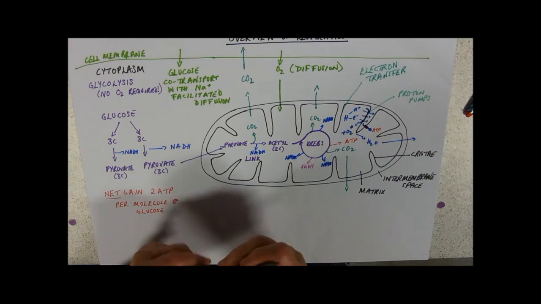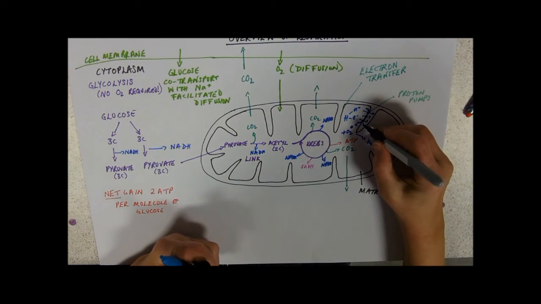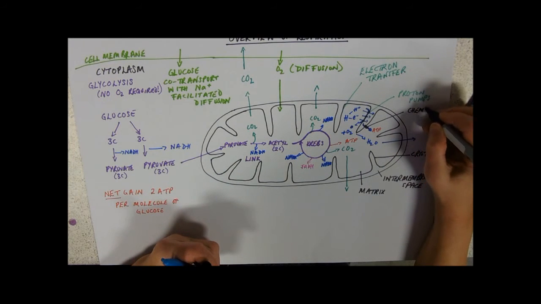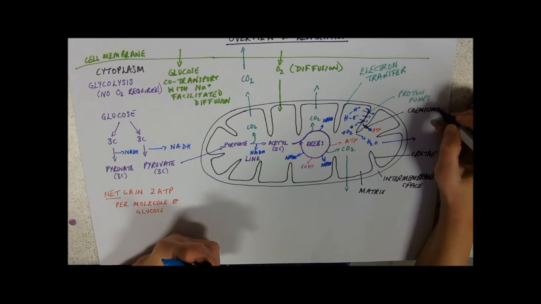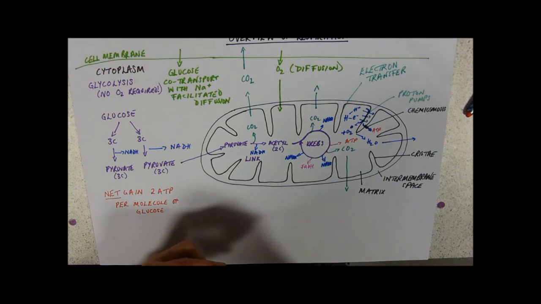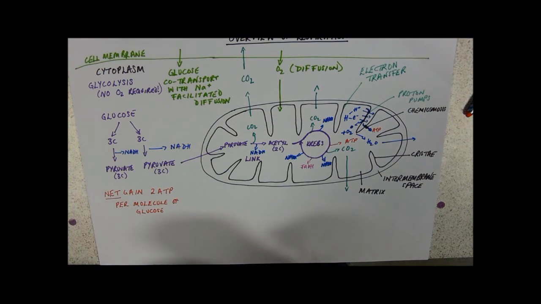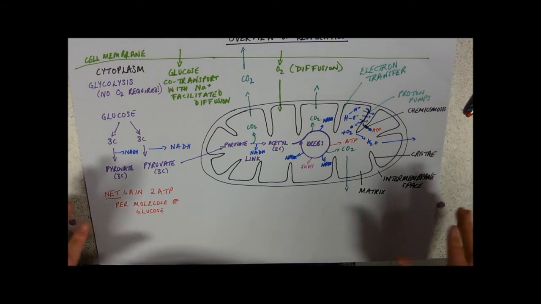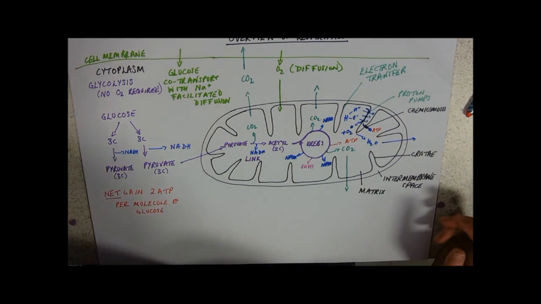And of course we've got our stalked particles, which are the site of chemiosmosis, the manufacture of ATP using that proton gradient. So I think now we need to really get into the detail of what's going on in each one of those stages.